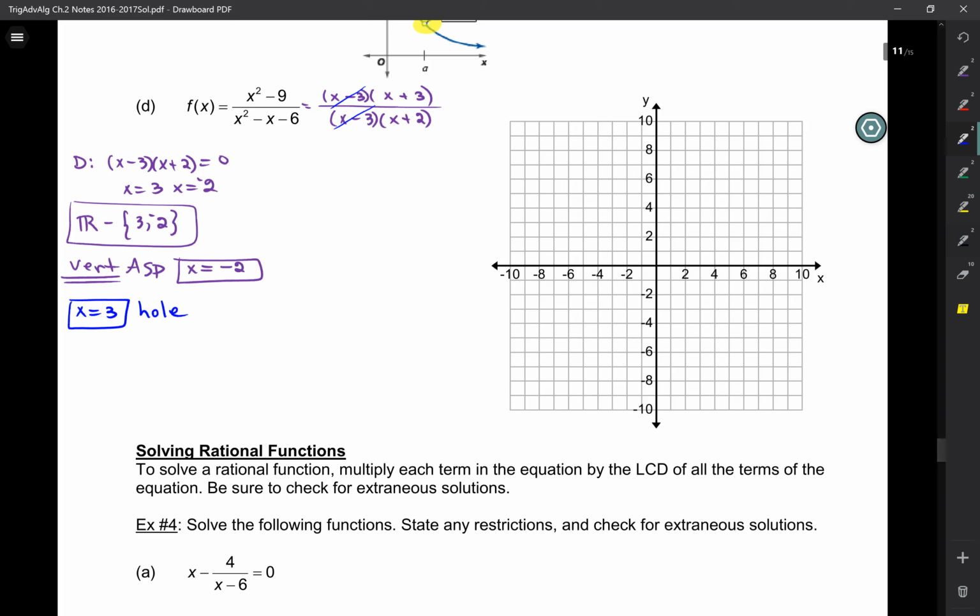How do we know that it's x equals 3? Because it's the x minus 3 term that canceled with the numerator. Do you see here how it canceled? It's like you're taking it out. It's not a full-on asymptote, it's just a hole.